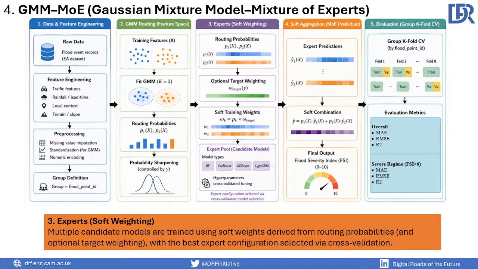And from step 2, we get the routing probabilities. So in step 4, we use a soft weighting derived from the routing probability and the values predicted by the different models to get the final result about the flood severity index.